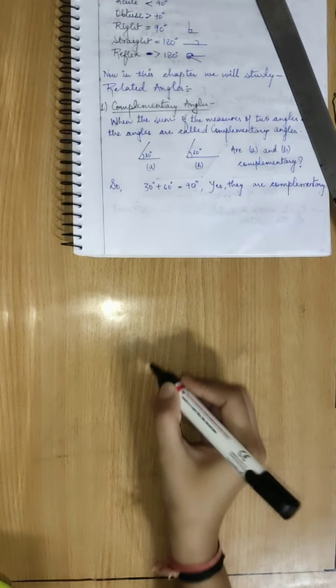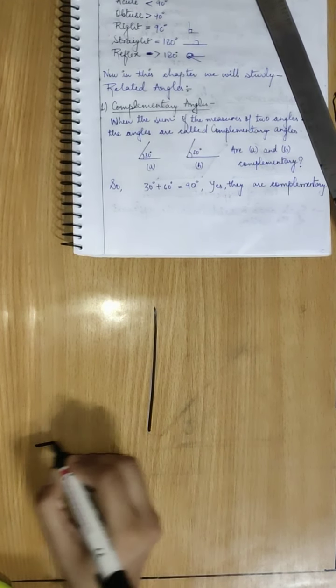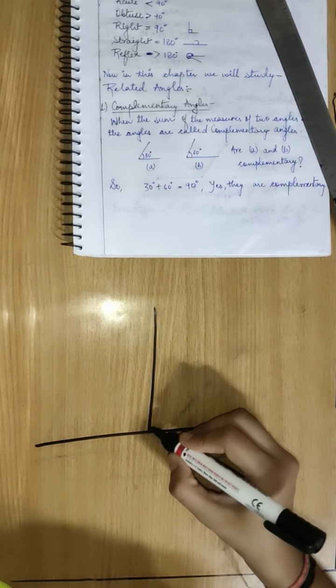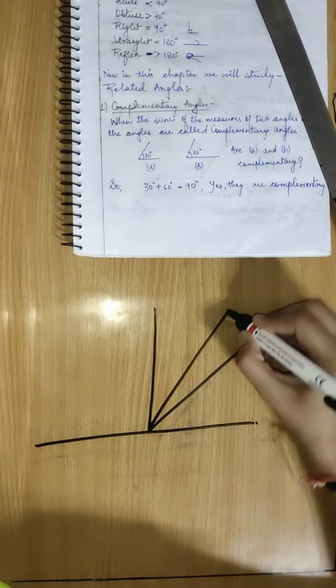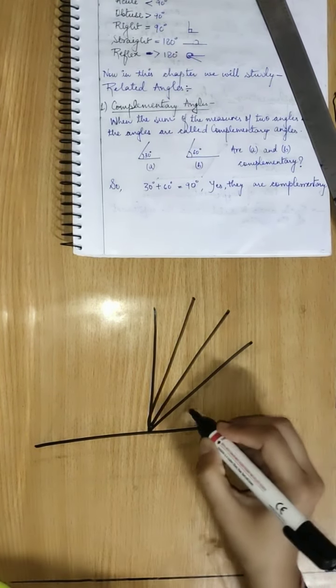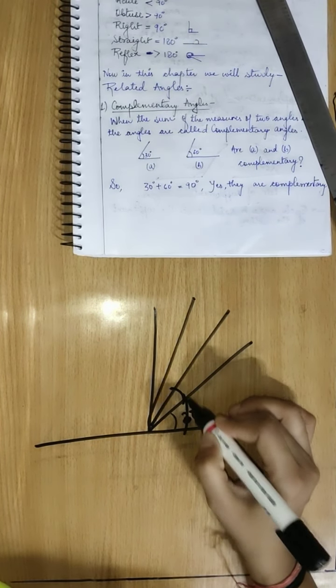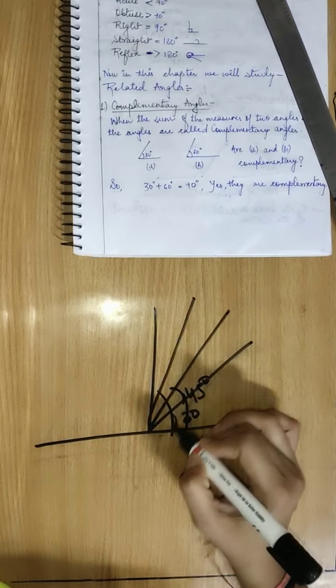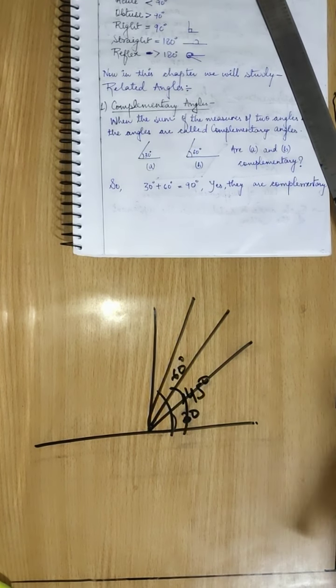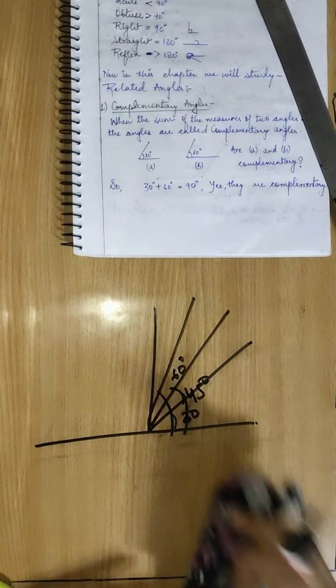Okay, coming to obtuse angle. This is the 90-degree angle. All angles below 90 degrees are acute angles, may it be 30, 45, or 60.